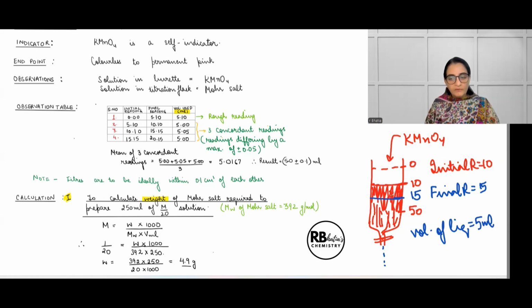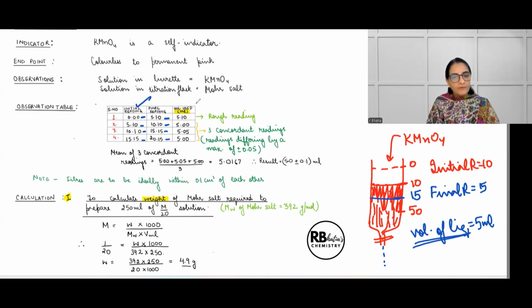So a burette is used to measure the volume of liquid that is drawn out, not the volume of liquid which is present inside. So that is why when you note down the initial reading, you don't put ml with this. Final reading also, ml is not to be written. Please make a point.